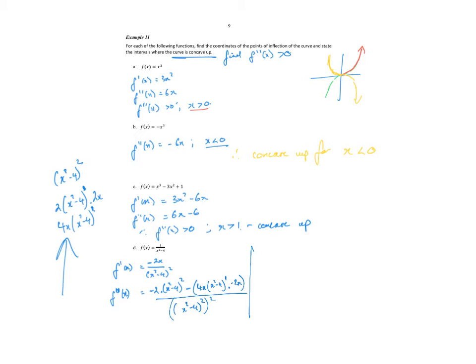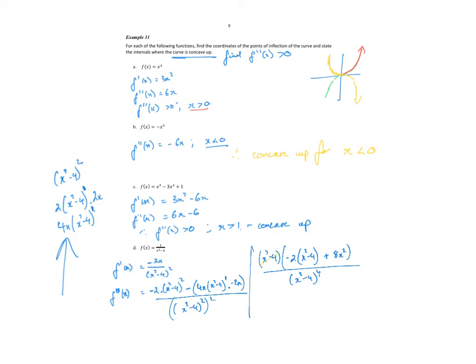So what does that give me? That gives me, if I take x squared minus 4 out the front as a common factor, I get negative 2 times x squared minus 4, x squared minus 4, minus a minus is a plus 8x squared all over x squared minus 4 to the 4.